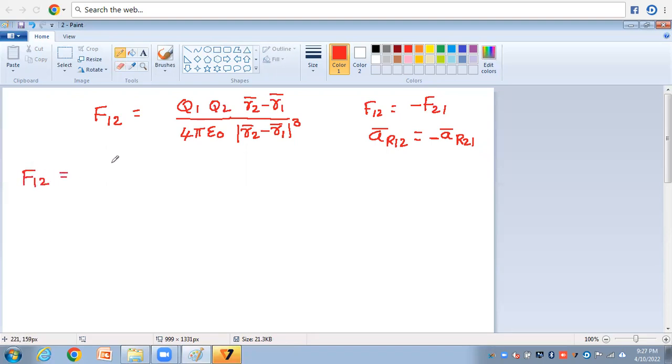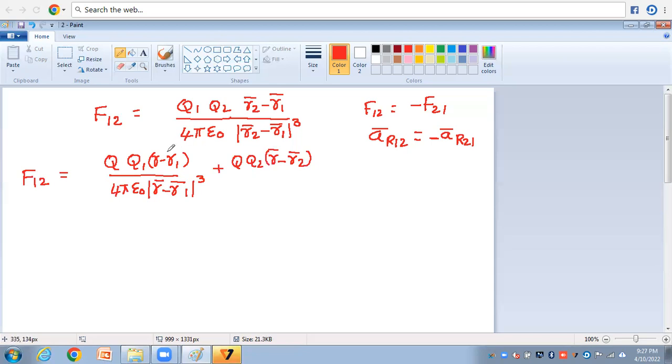F12 equal to Q. One point is fixed, another point varies, then Q into Q1, R minus R1, this is the point 1, by 4 pi epsilon naught into R minus R1 bar with mod, cube, plus another point Q2, R minus R2 bar.